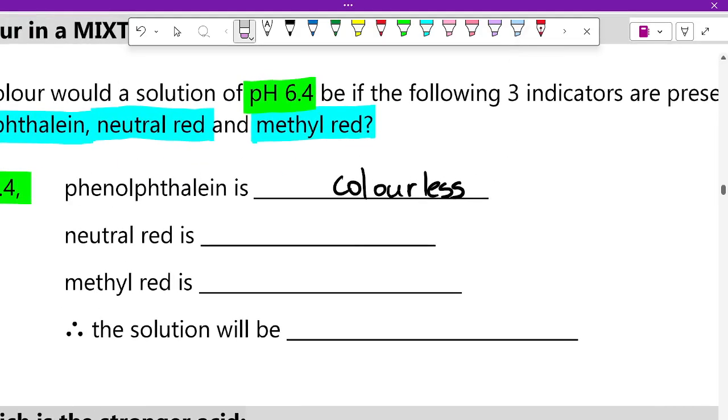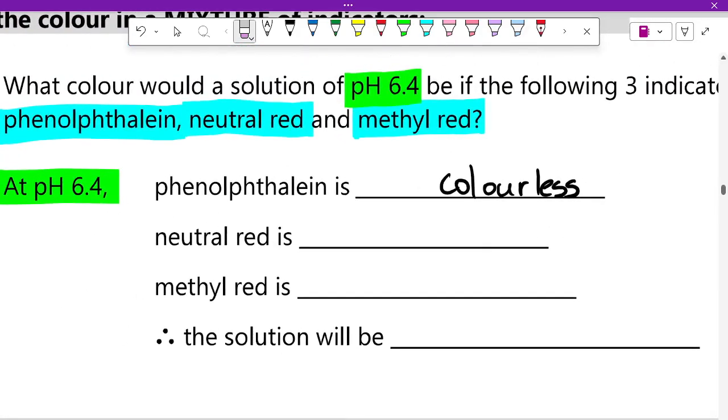What color is neutral red at pH 6.4? It is red. Yes. And methyl red will be yellow.